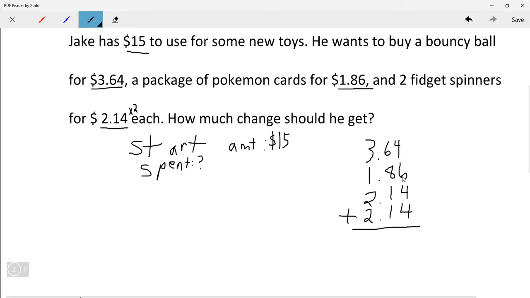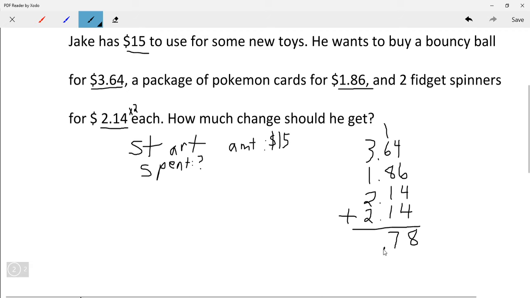So 4 plus 6 is 10, and then 4 plus 4 is 8, so 10 plus 8 is 18. Carry the 1. 1 plus 6 is 7, plus 8 is 15, plus 1 is 16, plus 1 is 17.